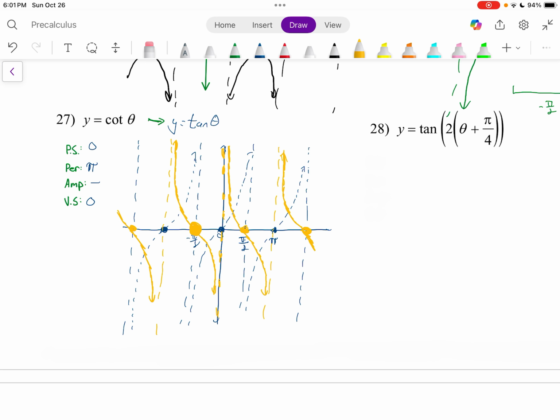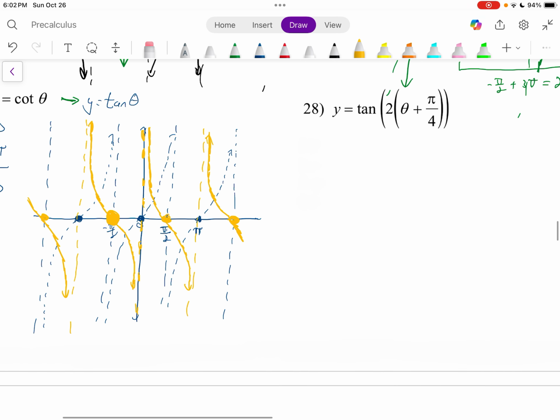All right, the last one. Y equals tangent of 2 times theta plus pi over 4. I don't even have any of my things written here. So phase shift, period, amplitude, vertical shift.